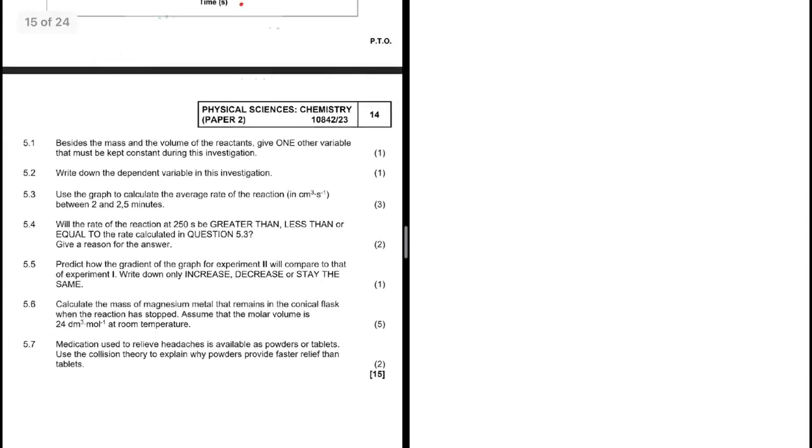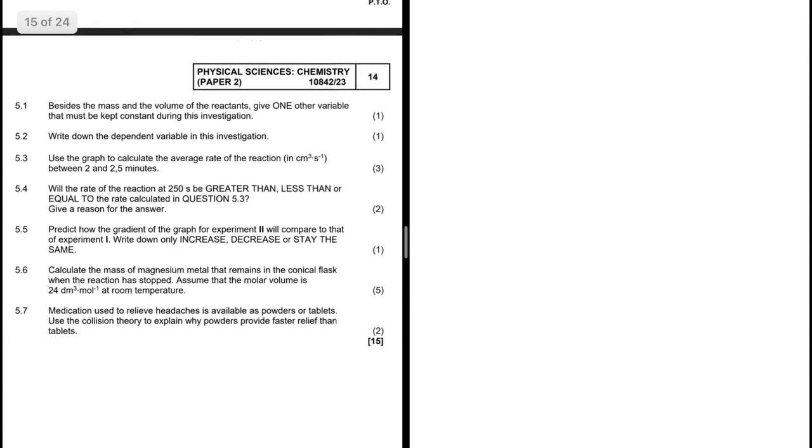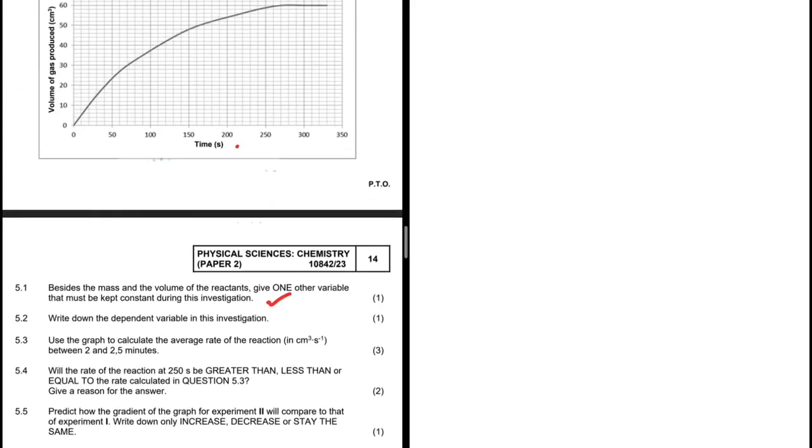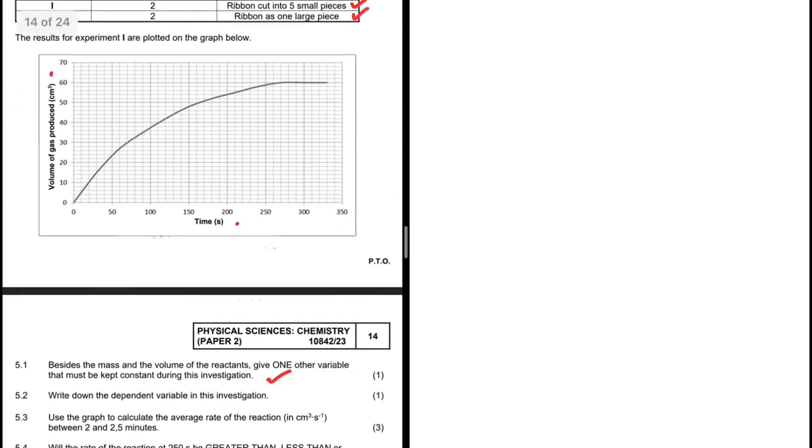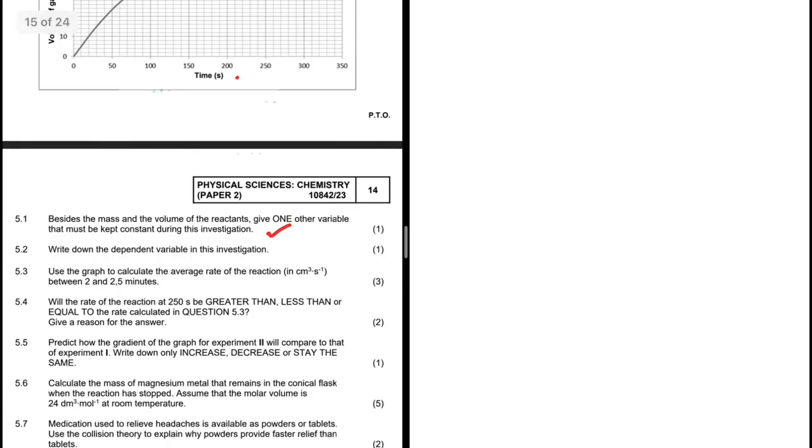Okay, let's take a look at our questions. The first question, 5.1: besides the mass and the volume of the reactants, give one other variable that must be kept constant during this investigation. Okay, so besides the mass and the volume of the reactants, we also need to keep the temperature constant. So the answer to 5.1 can be temperature.